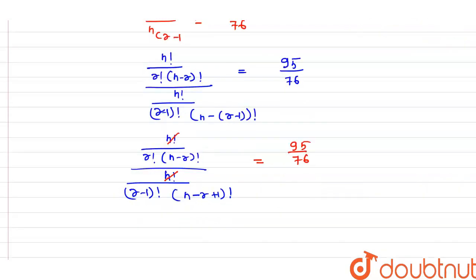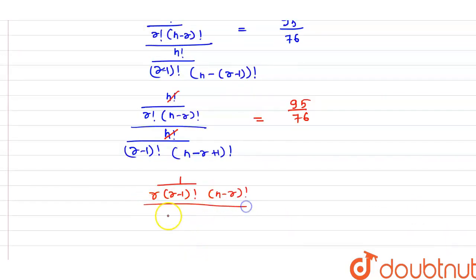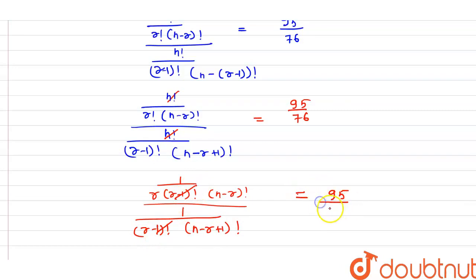Writing r factorial as r into (r - 1) factorial, the (r - 1) factorial cancels with (r - 1) factorial.